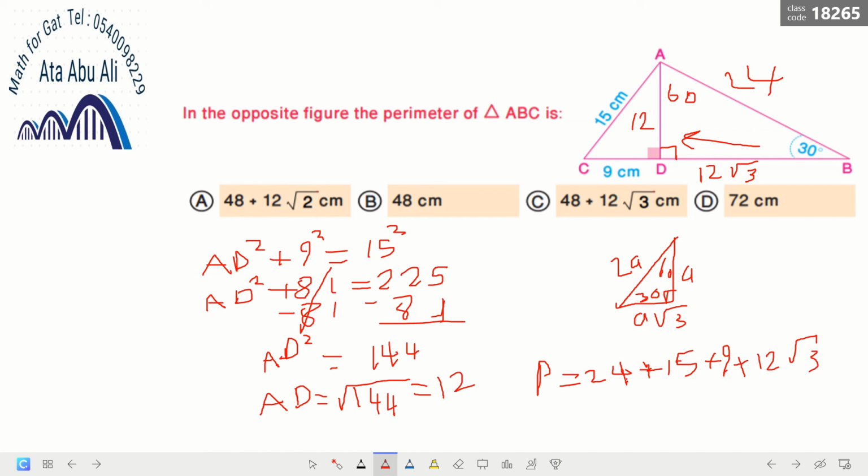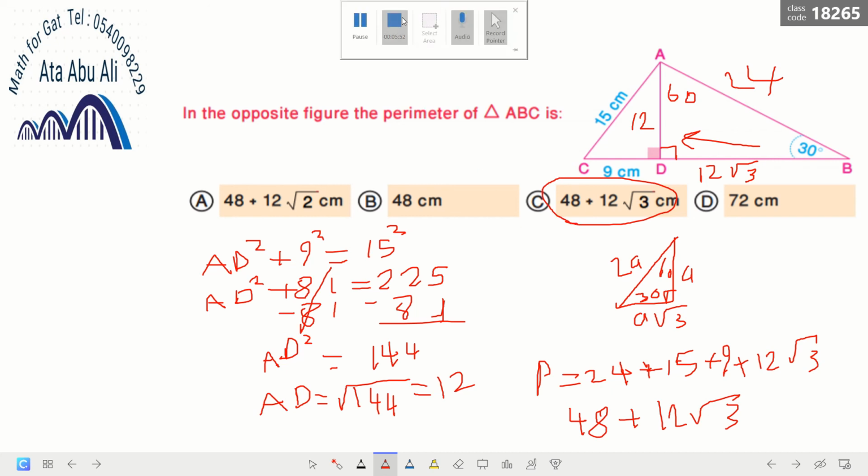If you add 24 plus 15 plus 9, it becomes 48. So the answer here is 48 plus 12 square root of 3. So as you see, the answer is C. Thank you very much.